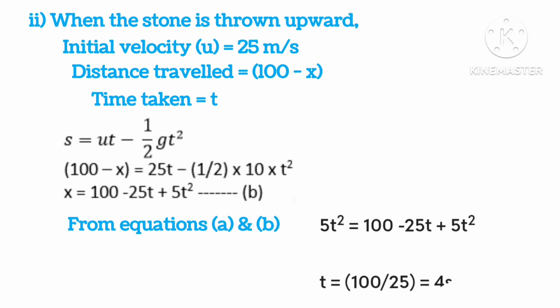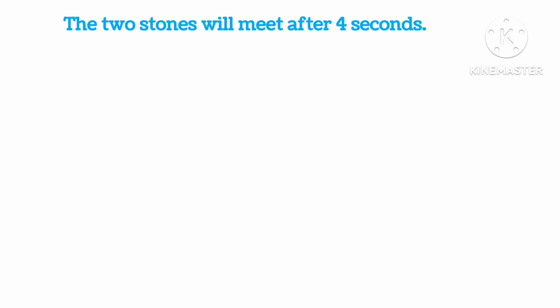Now from both equations A and B, we get 5t² = 100 - 25t + 5t². So 5t² is cancelled and we get t's value as 4 seconds. The two stones will meet after 4 seconds.